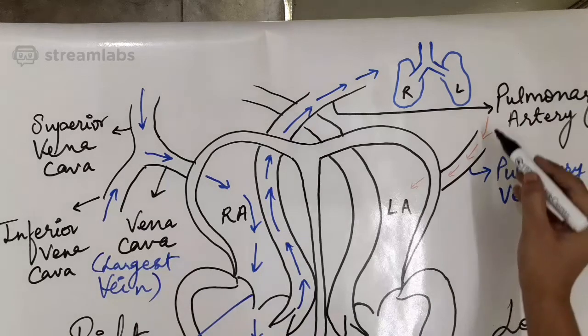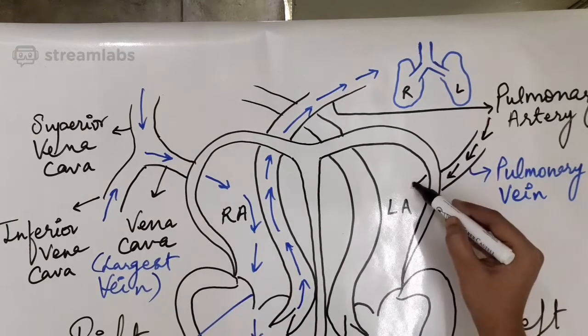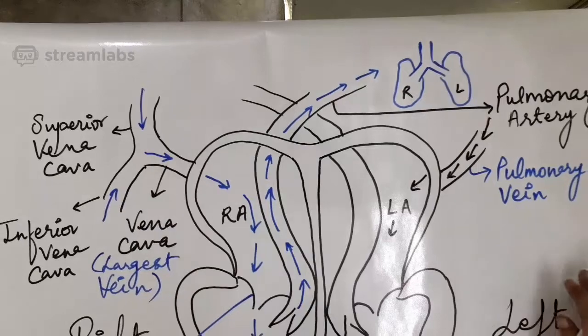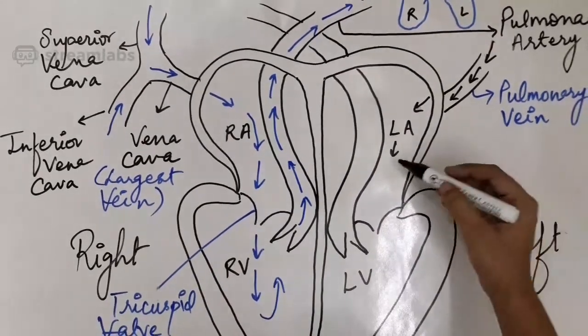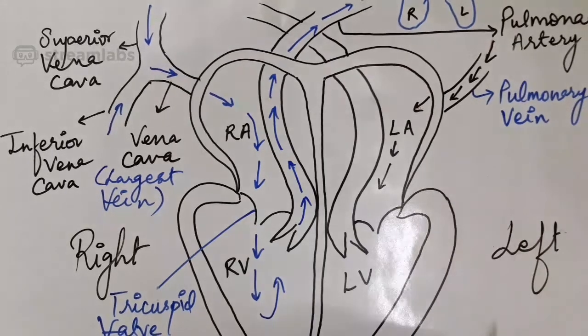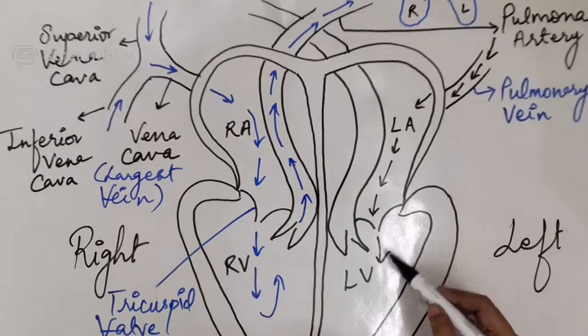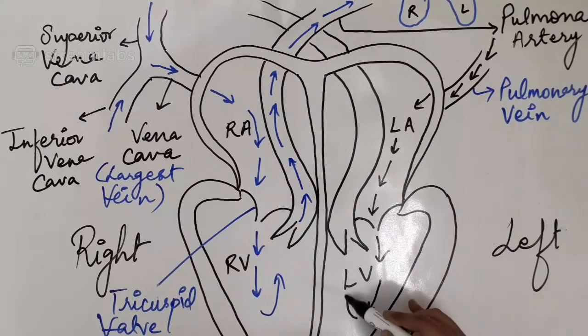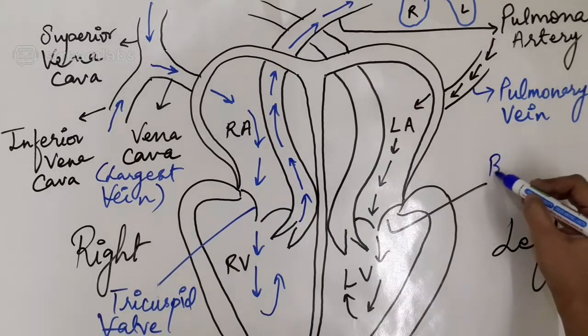This pure blood enters the heart through the pulmonary vein into the left auricle, from where it goes into the left ventricle, passing through a valve known as the bicuspid valve.